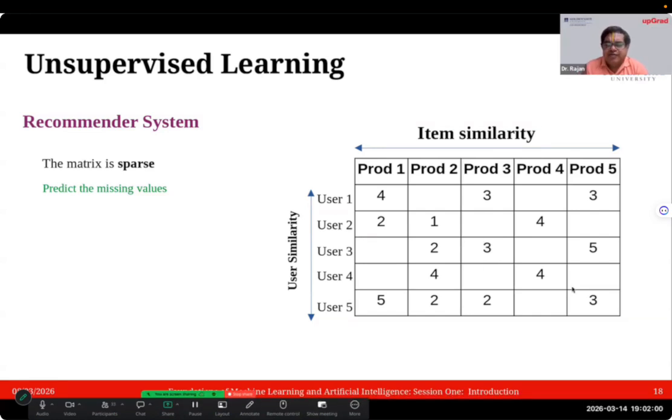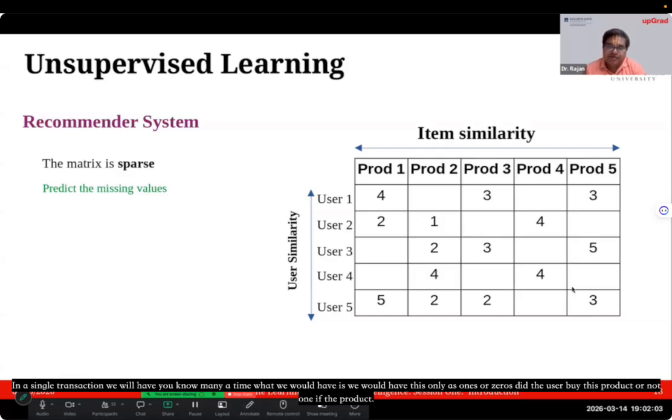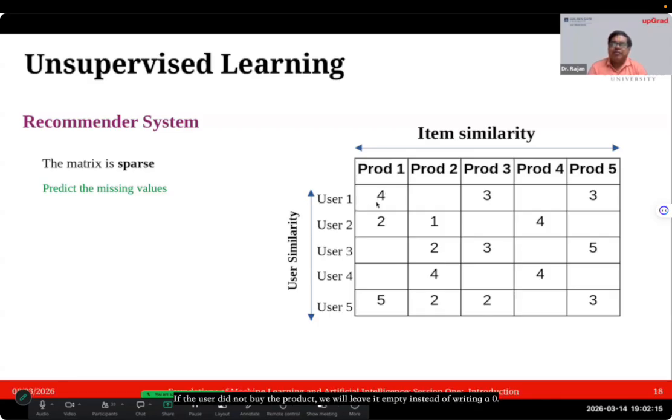In a single transaction, many a time we would have this only as ones or zeros: did the user buy this product or not? If the user did not buy the product, we will leave it empty instead of writing a 0. So only the filled cells will tell us whether that user has purchased this product or not.